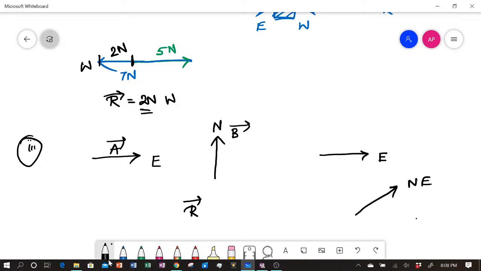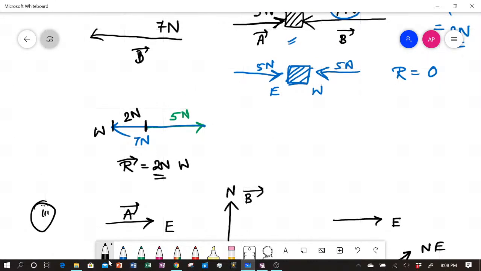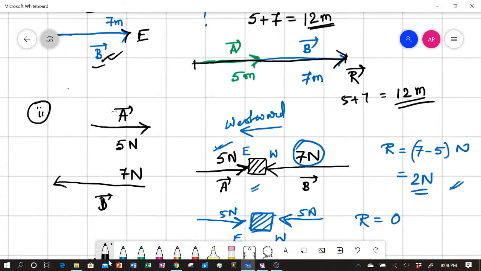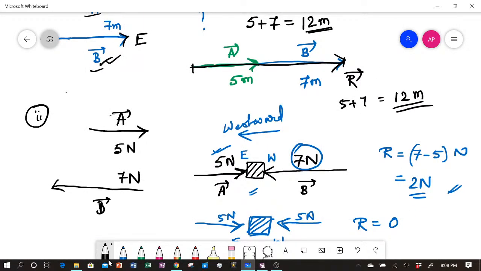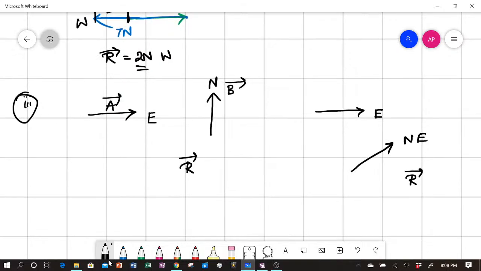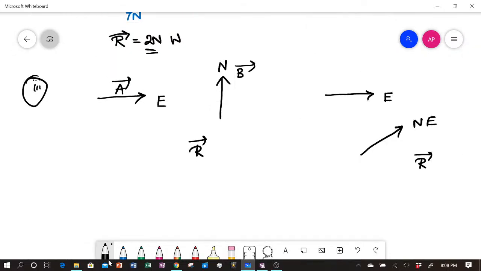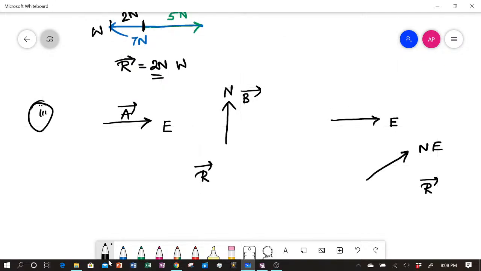We will find the resultant of these two vectors, but not in this class. We will learn these types of things in the next class, and for this please be with me in the next live class. We will discuss these problems, solve these problems, and we will learn a lot more basic concepts on vectors in the next live class on vectors.